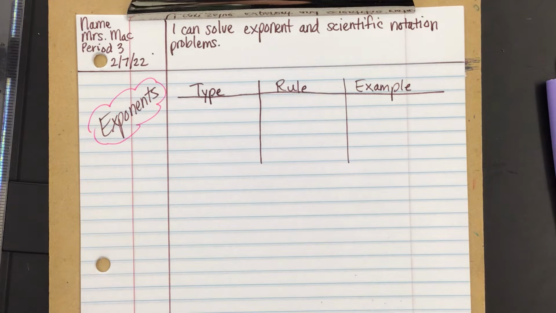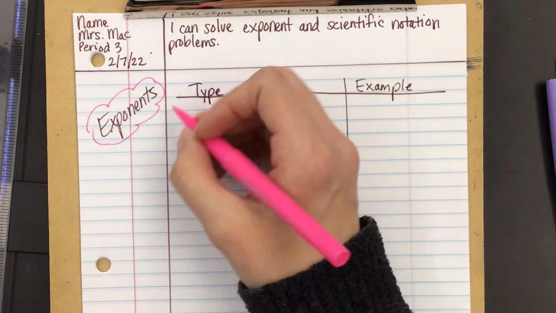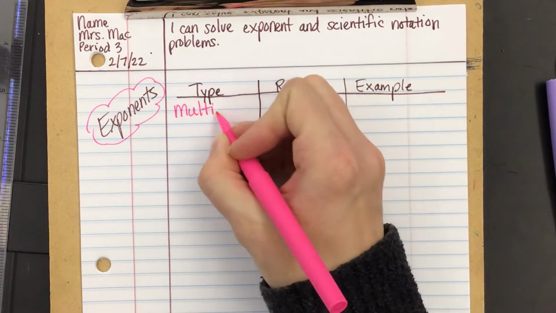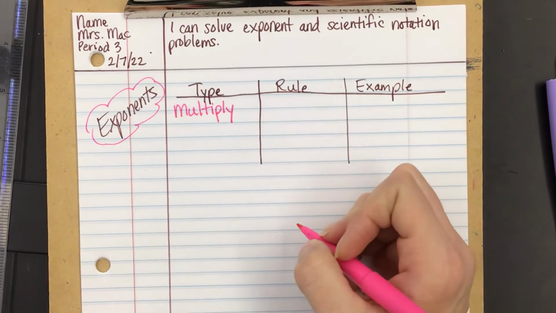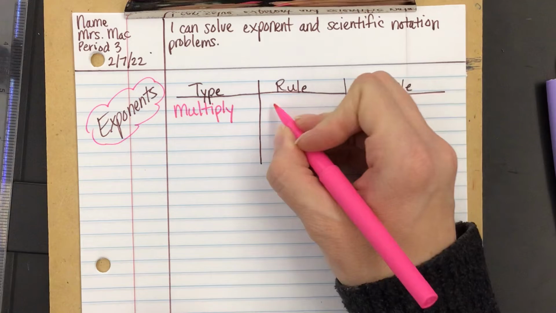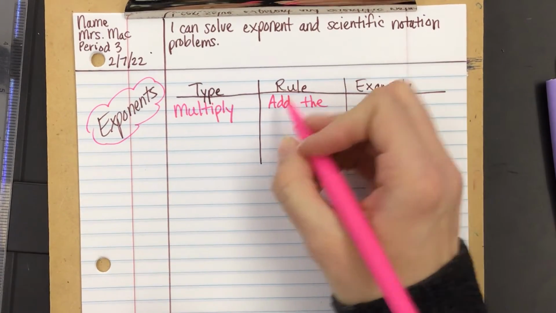All right, the first kind of exponent rule that you're going to see is when you're multiplying exponents. When you're multiplying exponents that have the same base, you're going to add the exponents.